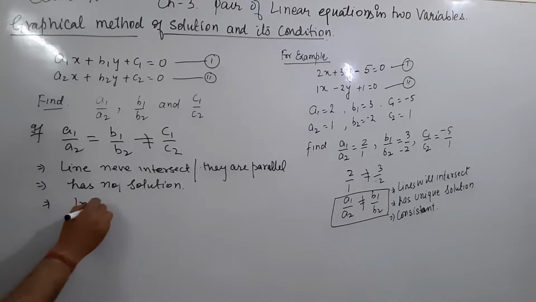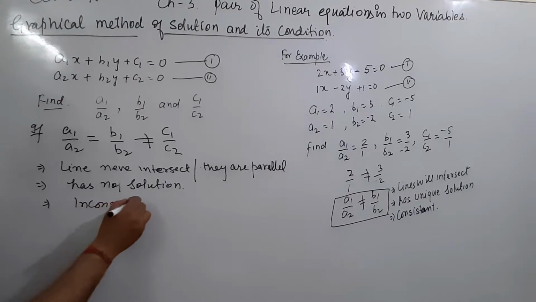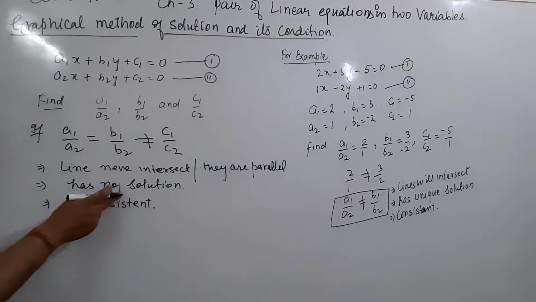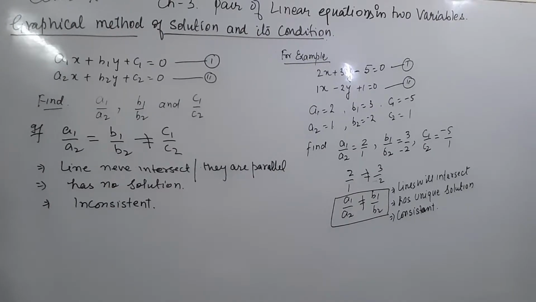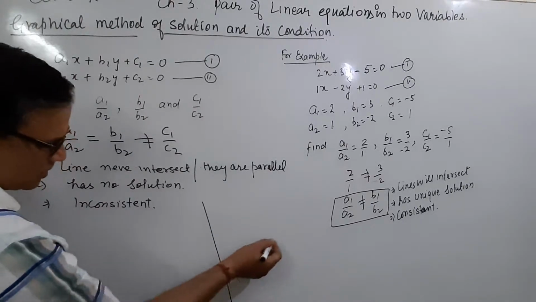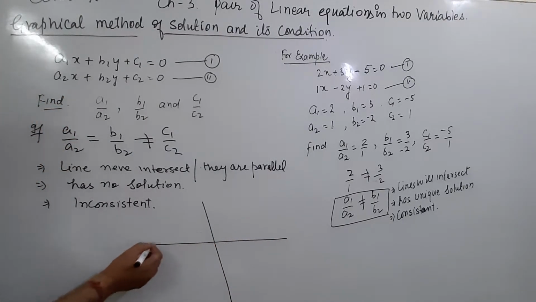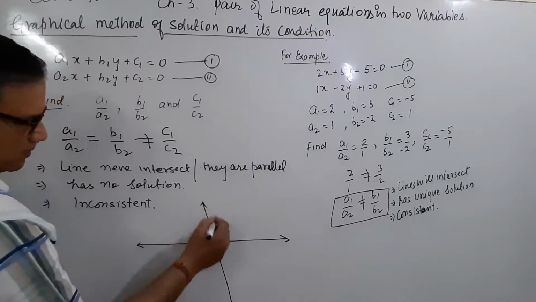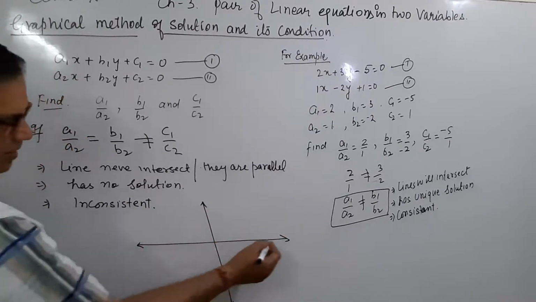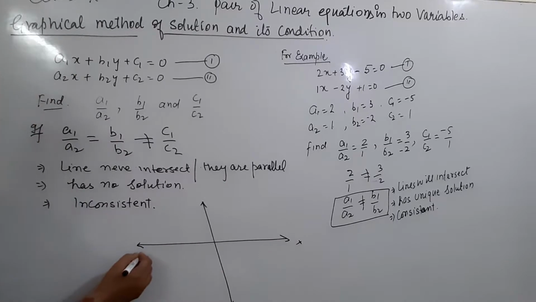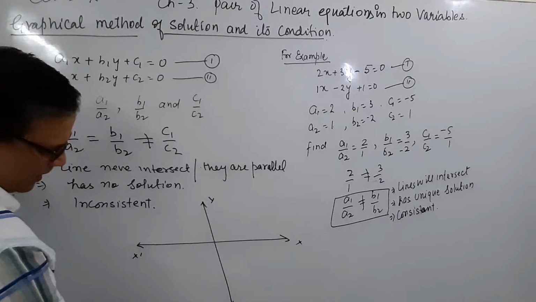Second, inconsistent. Inconsistent means when we solve these two lines, they have no solution. They never meet each other, they never intersect. Means they are parallel like this. First, we have to draw x dash and y dash.